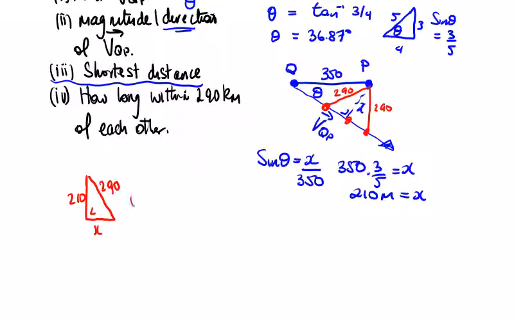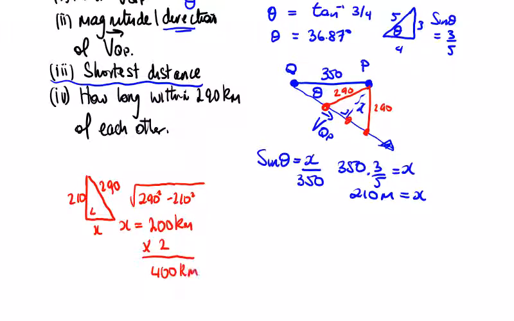We can find the distance along as the square root of 290 squared minus 210 squared, and then we'll double it. It works out evenly to be 200, so that's 200 kilometers. By 2 is 400 kilometers.